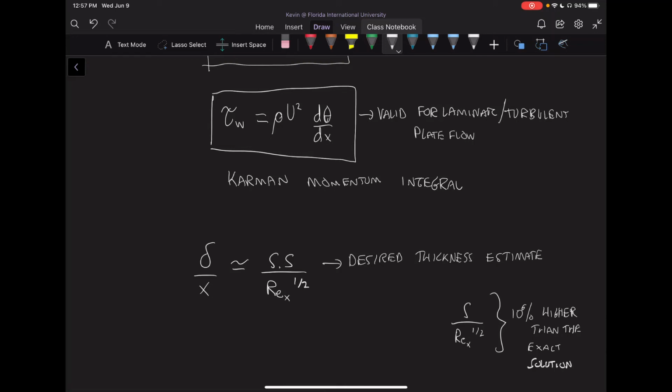So by studying his momentum integral and doing some derivations, he was able to find that his delta over x mathematically would be equal to 5.5 over Reynolds x to the 1/2, which is 10% higher than 5 over Reynolds x to the 1/2, which was found experimentally through an exact solution.